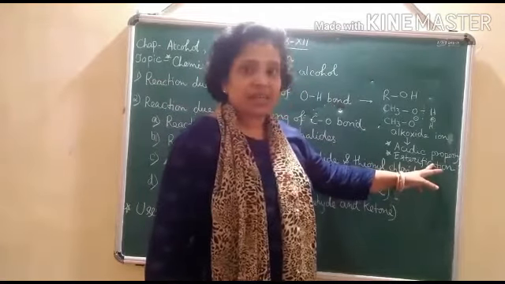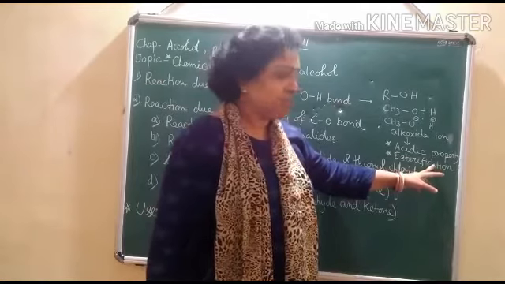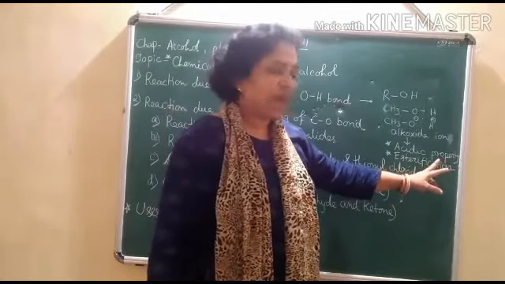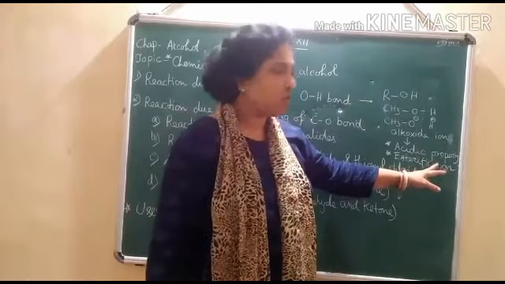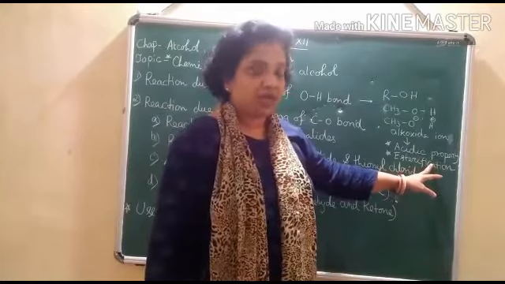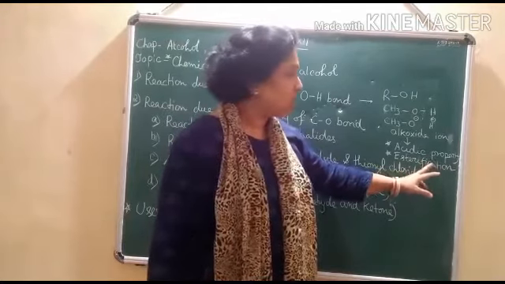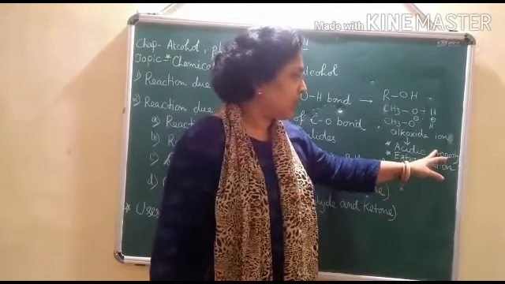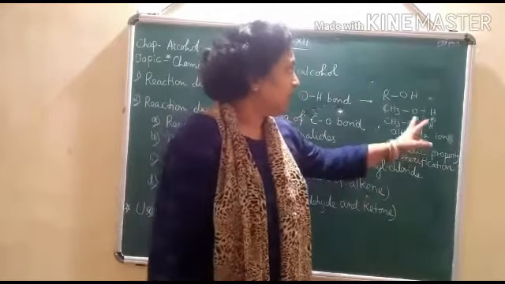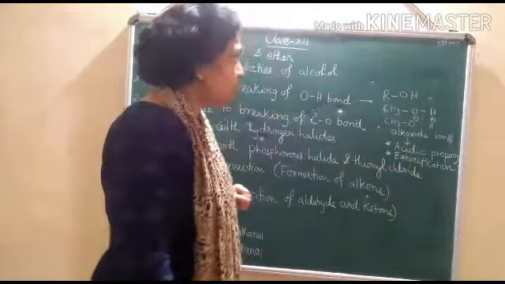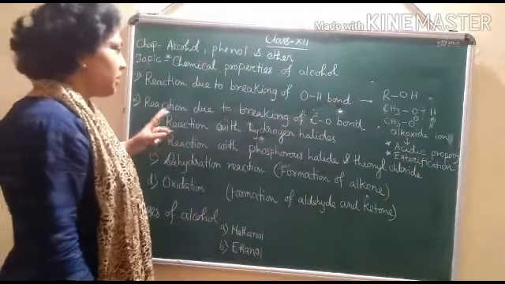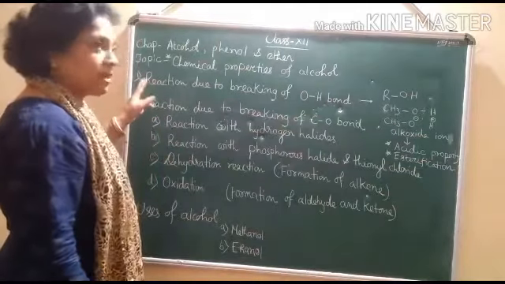This ester can be formed from carboxylic acid and also from acetyl chloride, so there are two ways we can form ester using alcohol. And there is the acidic property with the help of this OH bond, when it breaks. So this is one reaction.